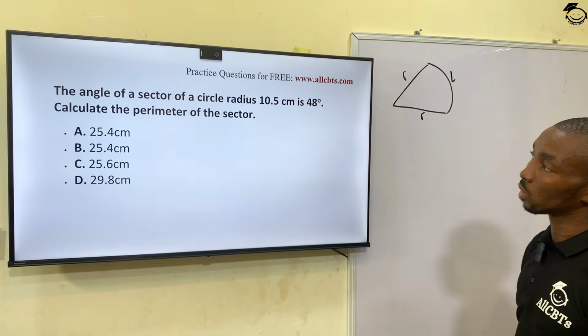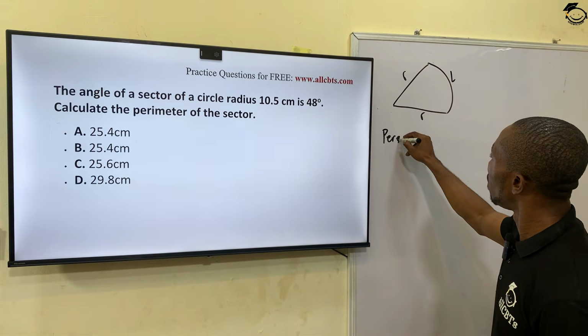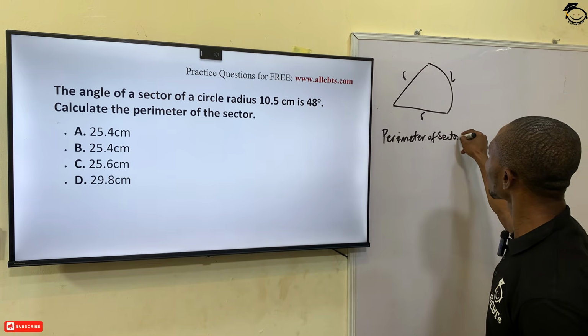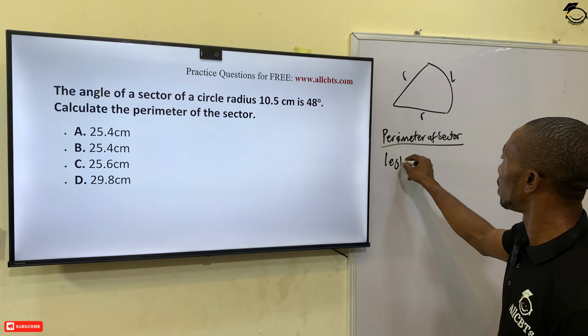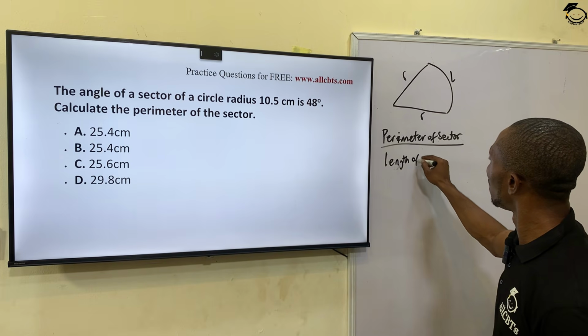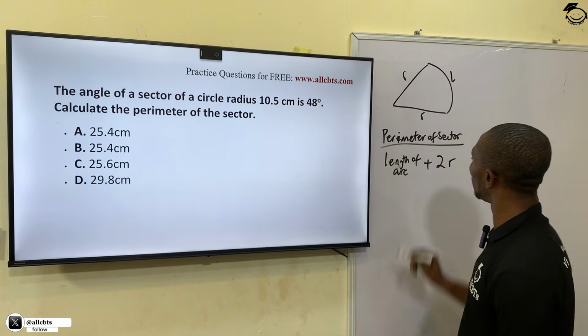Okay, so the perimeter of sector would give us a length of arc plus our 2 radius.